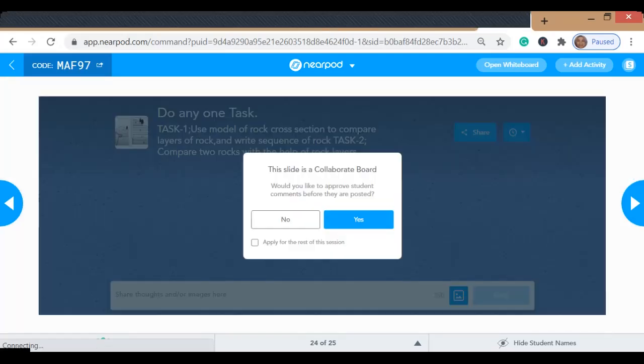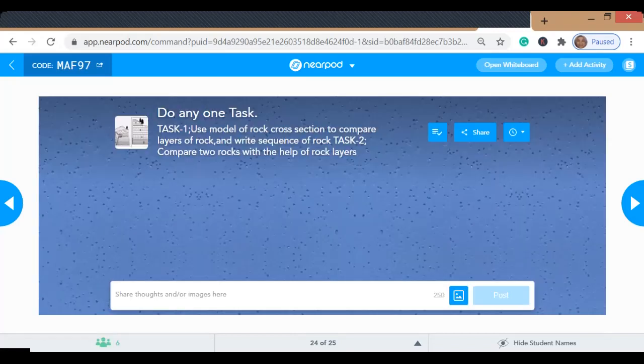Now here you have a collaboration board, and in that you can see the two pictures. What you have to do here, there are two tasks to do. The first task is use the model of rock cross section, meaning these pictures, to compare the layers of rocks and write the sequence of the rock.